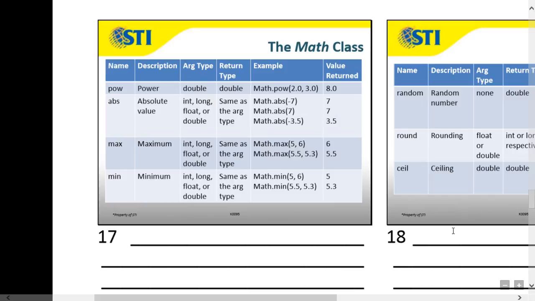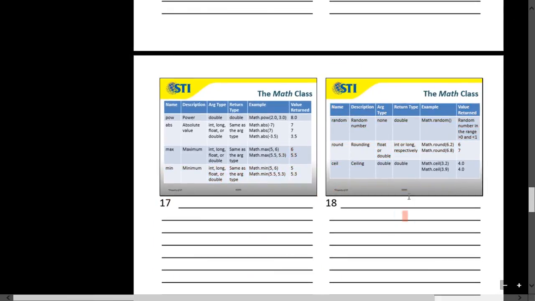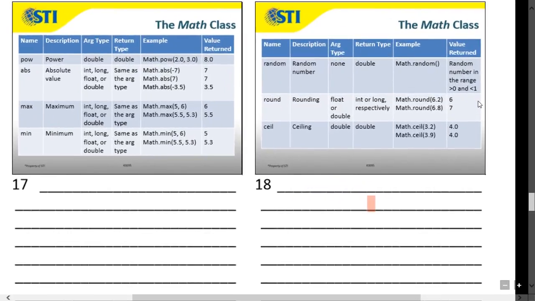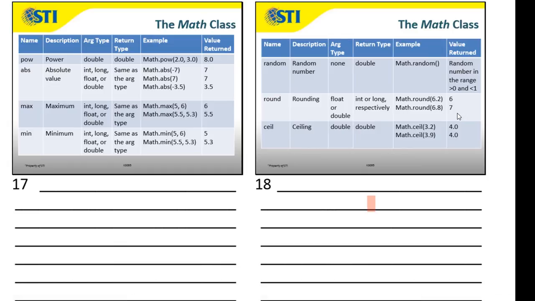Okay, so now let's proceed to this one, which is the random number. Okay, let's put that later. So what about the round? Round gives us the ability to round up, the normal rounding of the number.